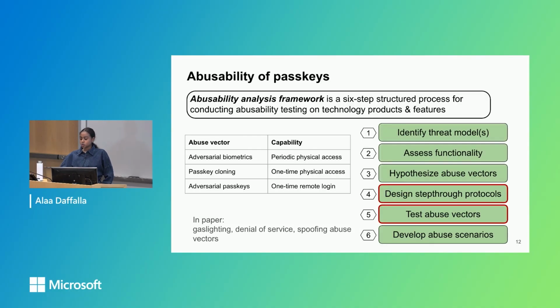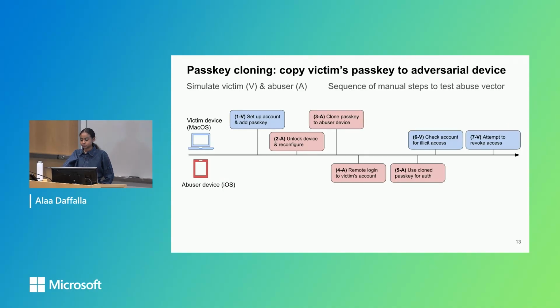These step-through protocols in 4 are then used to test each abuse vector. It could be a one-to-one mapping, or a single step-through protocol could be used to test multiple abuse vectors. We will first discuss the step-through protocol and testing for passkey cloning.